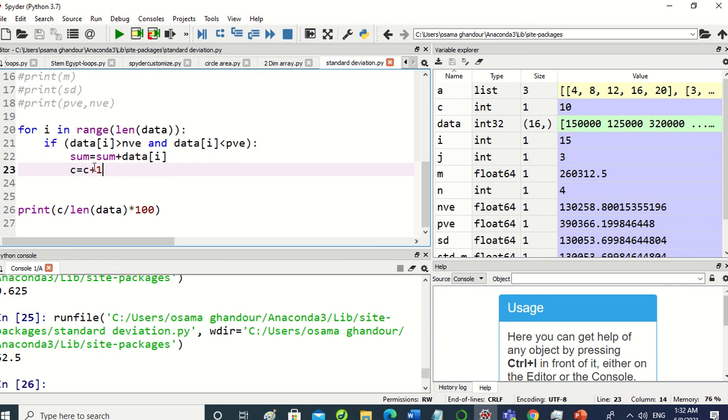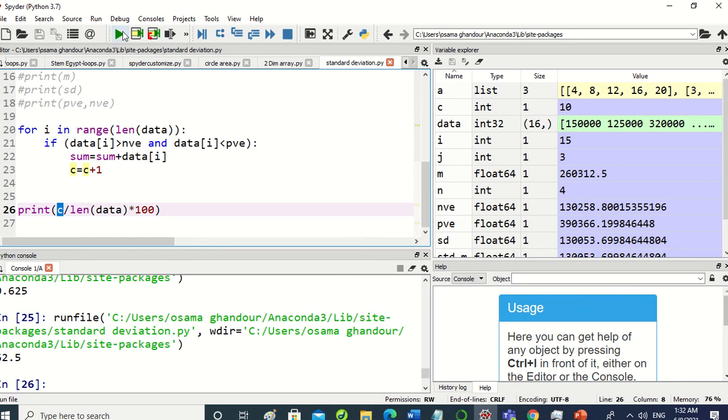At the end, I will print C, which is the total number of the houses whose prices are inside the one standard deviation, divided by the total number of the houses, and I will get this percentage.